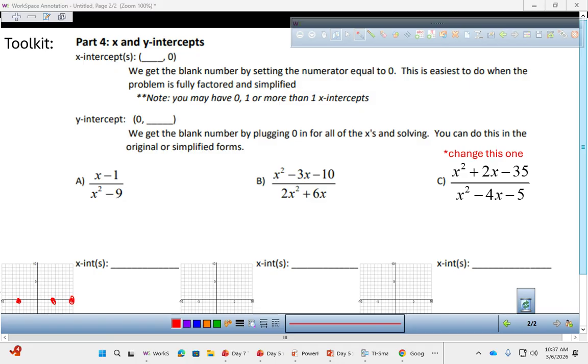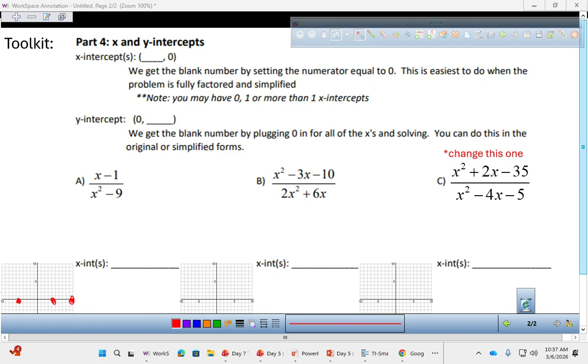So how do I figure out the x value? Well, if I want the y value to be 0, then I want the whole equation to equal 0. So I have to figure out, what do I got to do to make this whole equation equal 0? If I make the denominator equal to 0, the whole equation becomes an error.